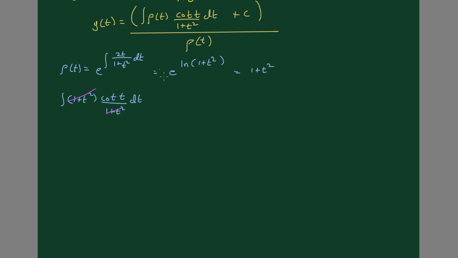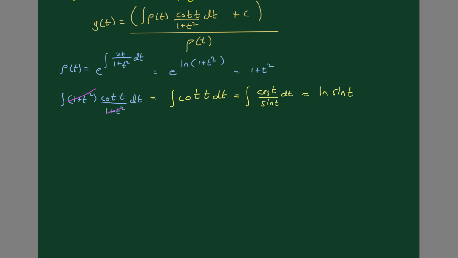This leaves us with the integral of cotangent of t dt, which is equal to the integral of cosine of t over sine of t dt. And if we apply u substitution, we find that this integral becomes the natural logarithm of sine of t.